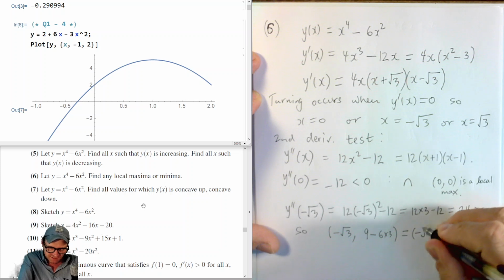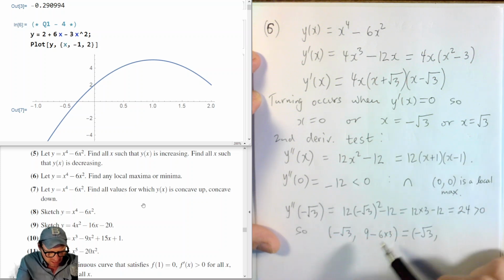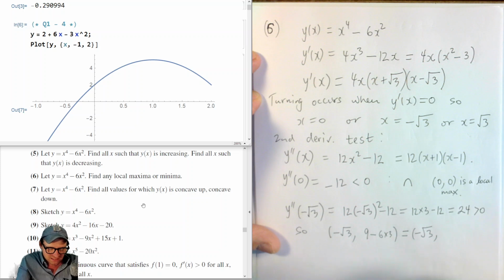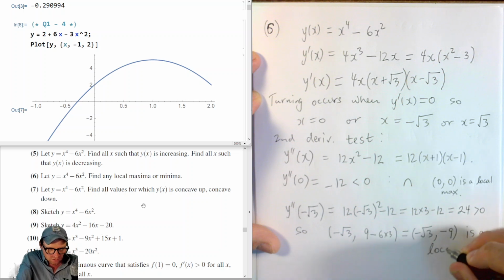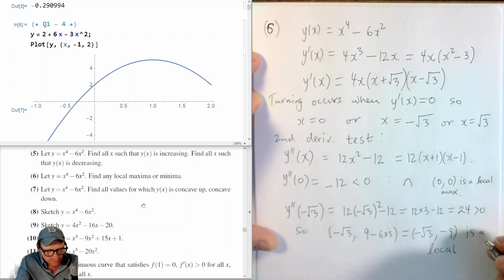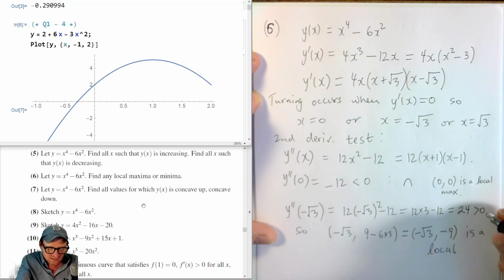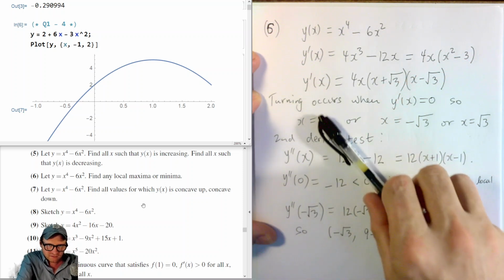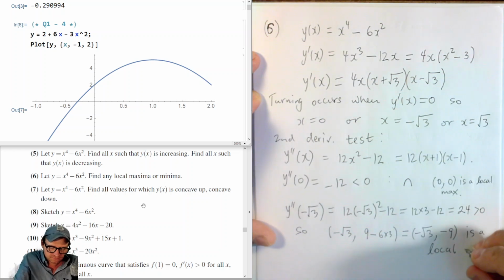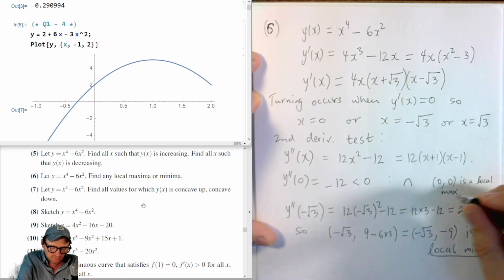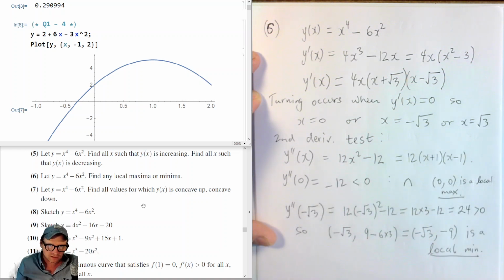And this is minus root 3. And so that's 9 minus 18 is minus 9. So this point is a local minima because we have the slope increasing. Okay, so we found a local max and a local min.